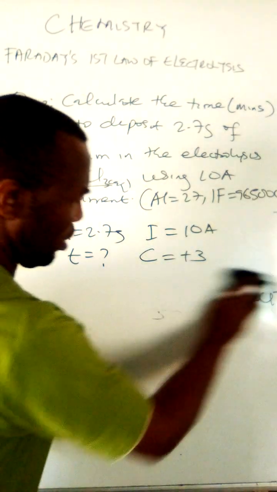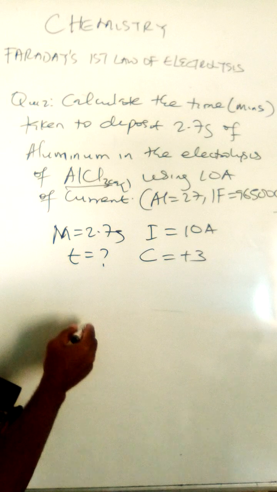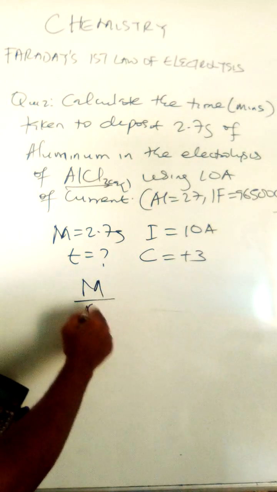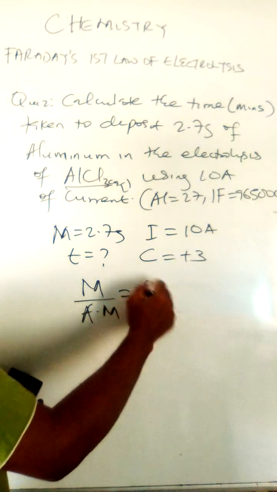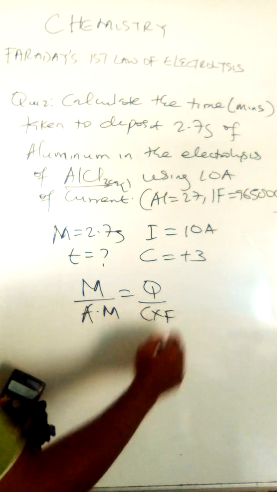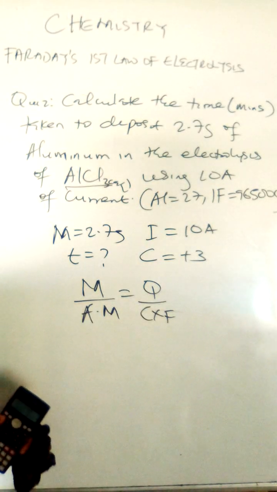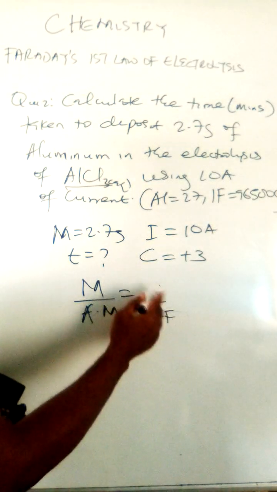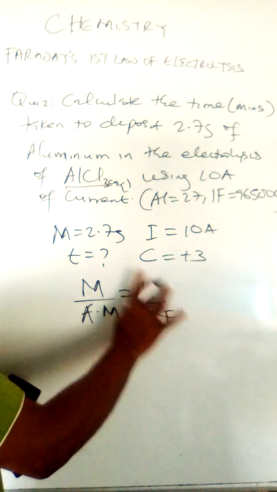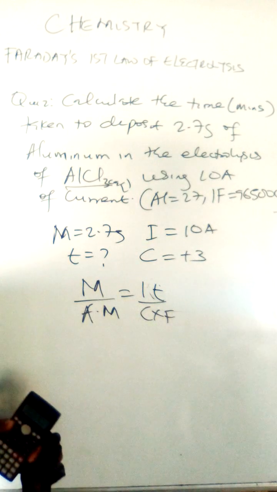So having done that, we'll now go to the formula: M over atomic mass equals Q over C times F. But we know that Q is current times time. So we can replace Q with current times time. We can go ahead and make time the subject.